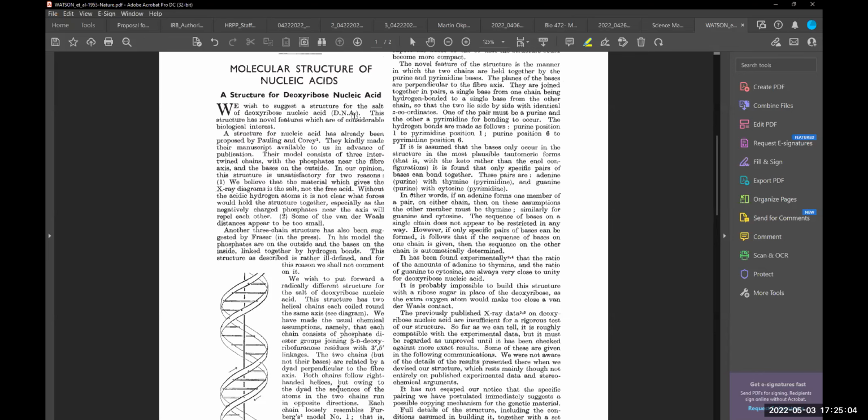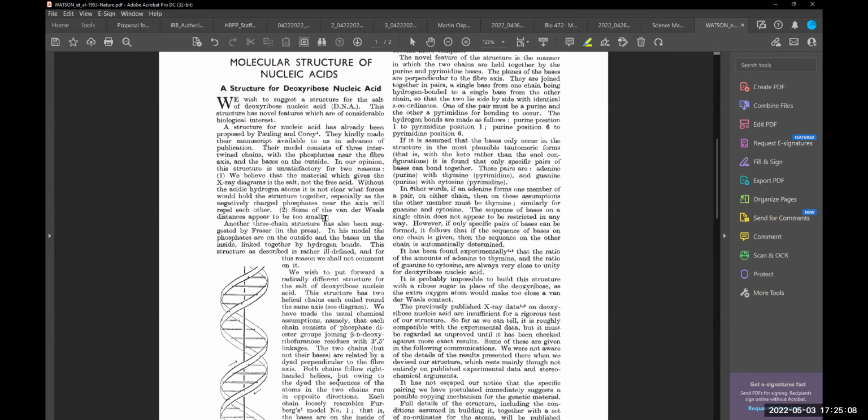Now the first paragraph here starts with a comment on a previous paper by Pauling and Corey. They also published a paper on DNA, and their model suggested that DNA has 3 intertwined chains. Now be careful. First of all, they're saying 3 intertwined chains. Secondly, they're not mentioning helical structure, helicity in the DNA strands.